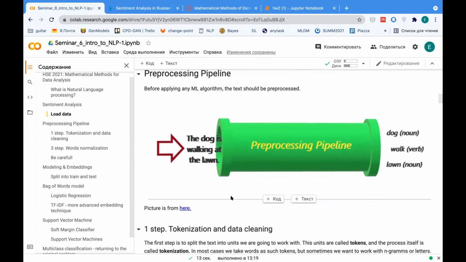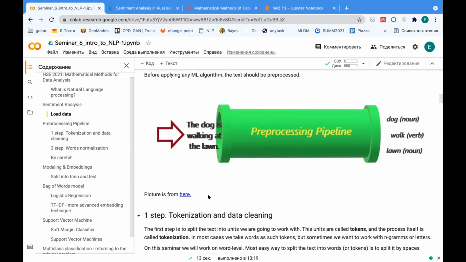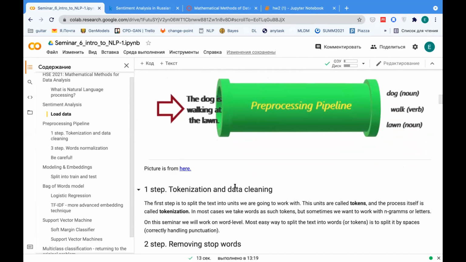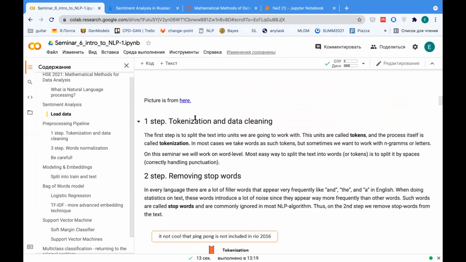But if we split it to characters, it's probably not so good, as we can lose the structure of our words. And our computers are not so smart to understand how words should be built. So probably it's better to split it to words, at least. So we'll split our text to words. It's actually named tokenization, as our words here are tokens, or it could be our sentences, or probably characters.